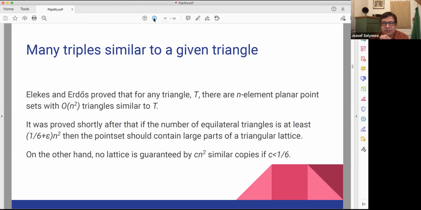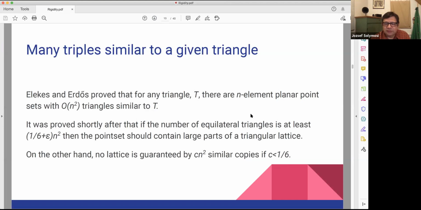This will be an example of the connection of extremal graph theory, additive combinatorics, and geometry. So maybe this is interesting. As with many of the problems I'm going to talk about, this originates from Erdős, and Erdős and Dellekes' unit distance conjecture solution, sorry.